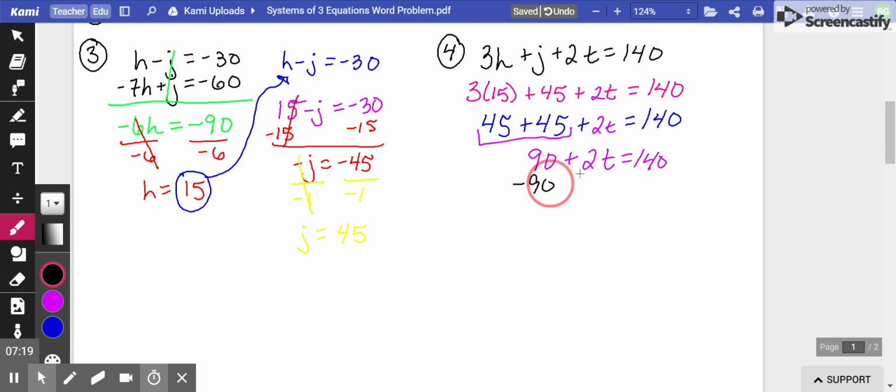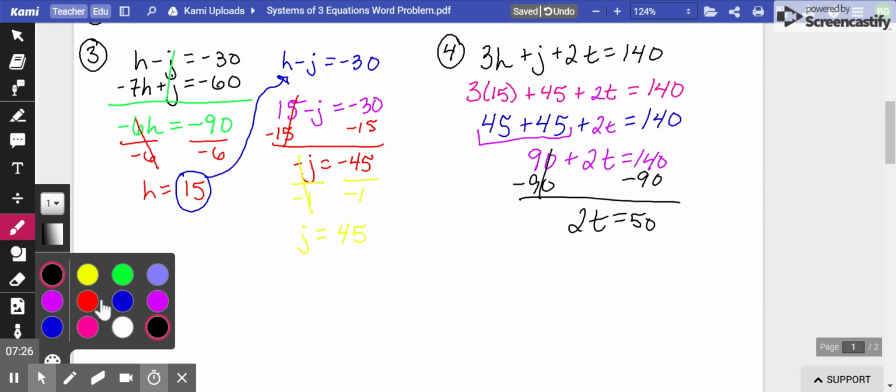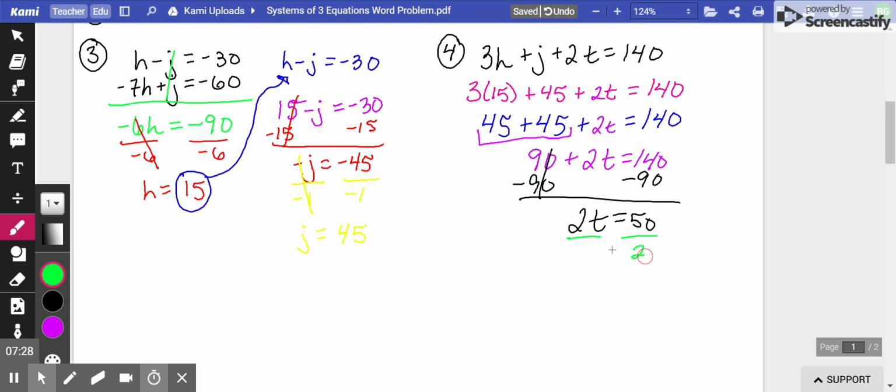Solve by subtracting 90 from both sides. 2t equals 50. Divide by 2. You end up with t equals 25.